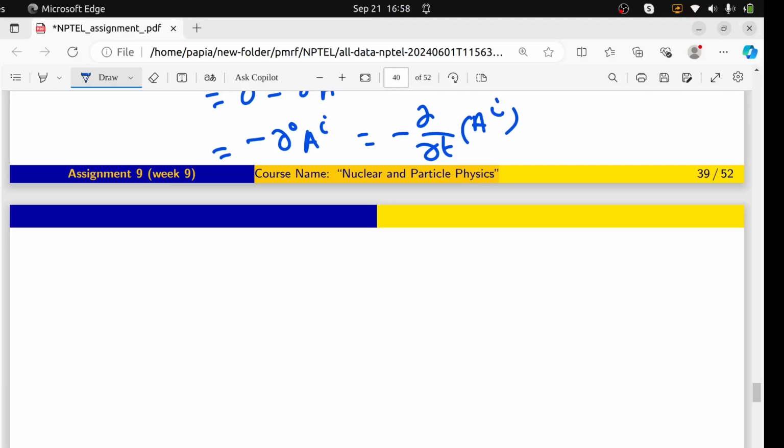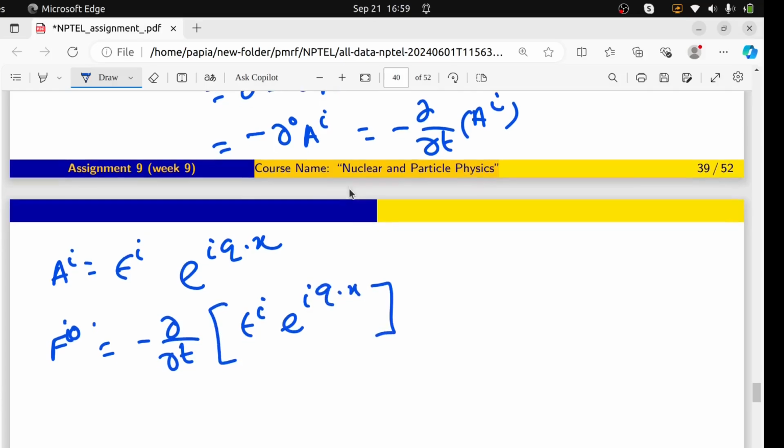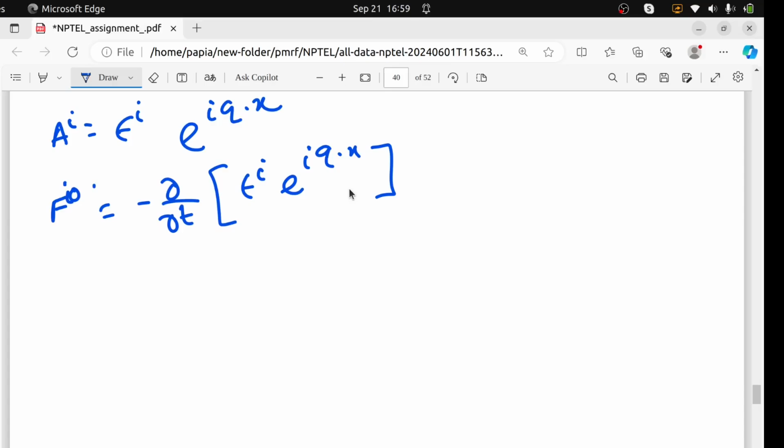Now what is Ai? Ai is epsilon i e to the power i q dot x. So Fi0 is equal to minus del t of epsilon i e to the power i q dot x. Now we will expand that q dot x. q dot x means q mu x mu.